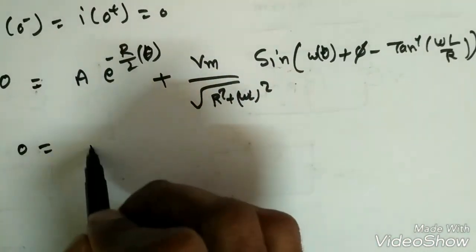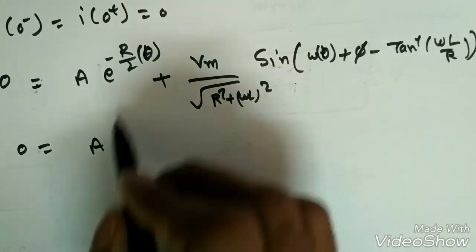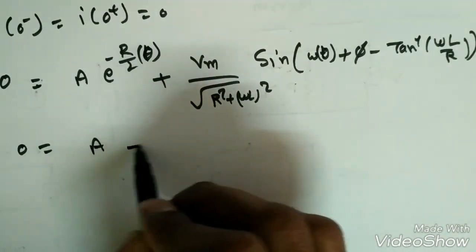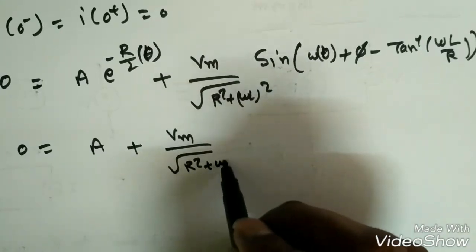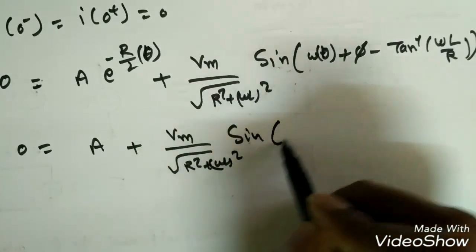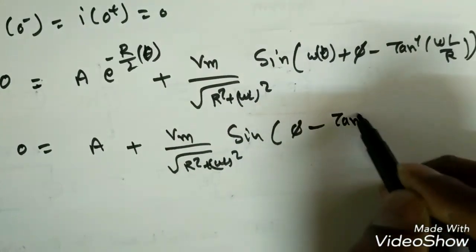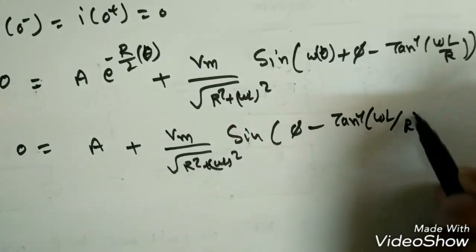Now 0 is equal to A into e power minus 0, which is nothing but 1, plus Vm by square root of R square plus omega L whole square sine of pi minus tan inverse omega L by R.